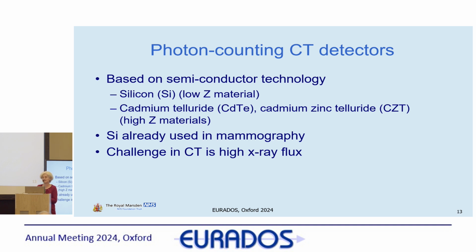The first set are based on silicon, which is a low atomic number material, and then the second type are the high Z materials, such as cadmium telluride and cadmium zinc telluride. Now, silicon is no stranger to diagnostic imaging. It's used in mammography. Cadmium telluride and cadmium zinc telluride are newcomers for us. And the challenge for these detectors has been the high X-ray flux that we encounter in CT.